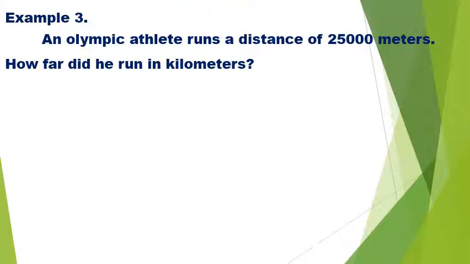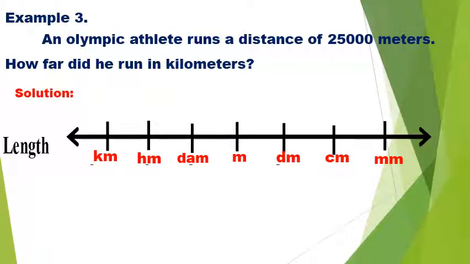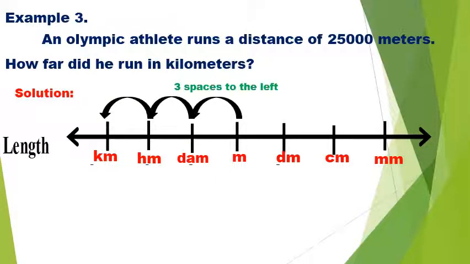So, to use our metric converter, let us first identify the distance from meter to kilometer. So, we have 1, 2, 3. So, there are 3 spaces going to the left.